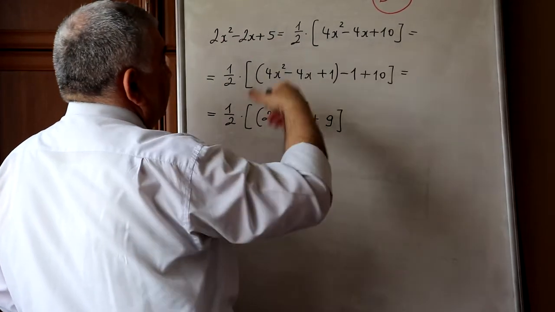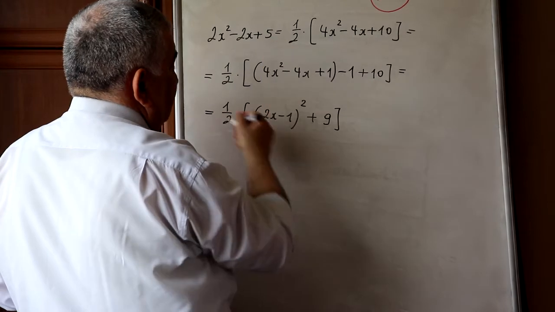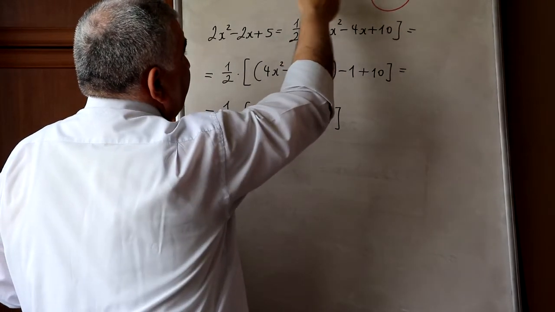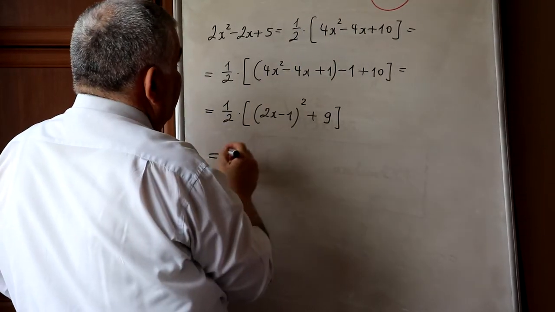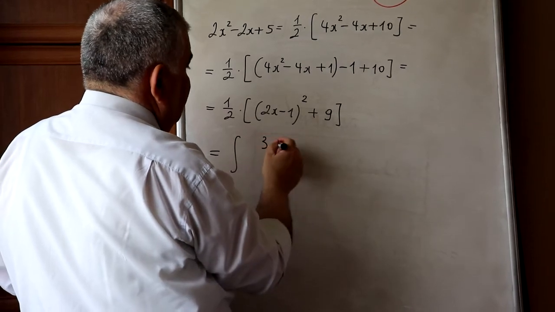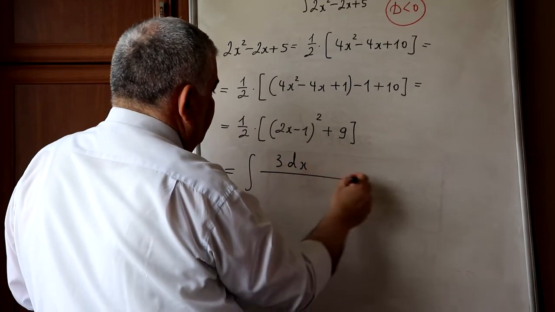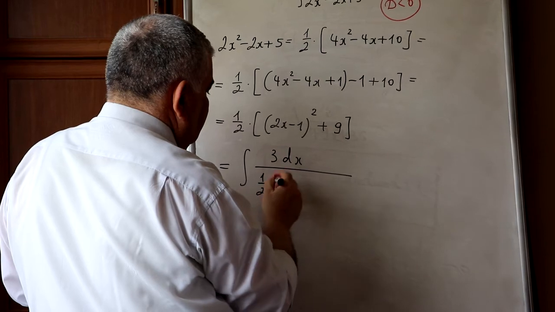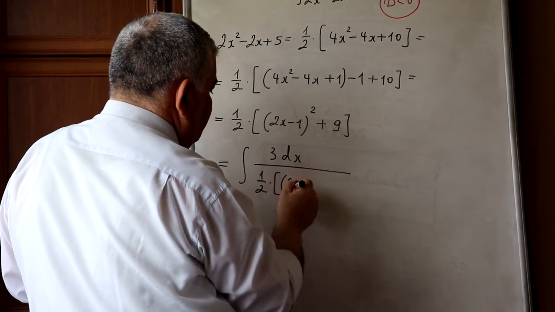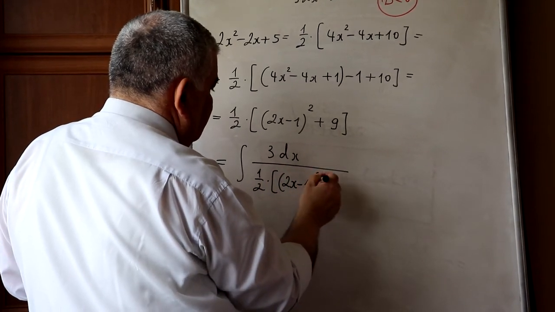Then substitute this expression instead of the denominator. Integral of 3 dx divided by 1/2 multiplied by 2x minus 1 squared plus 9.